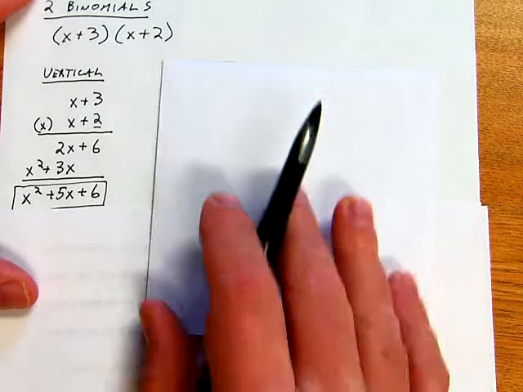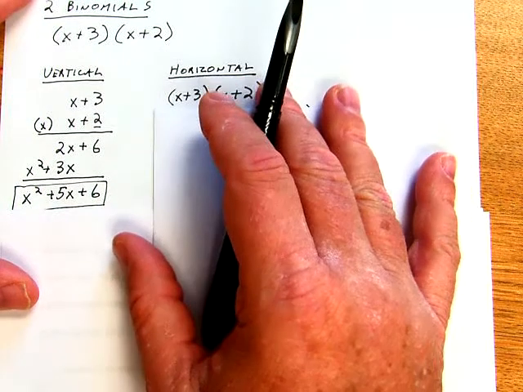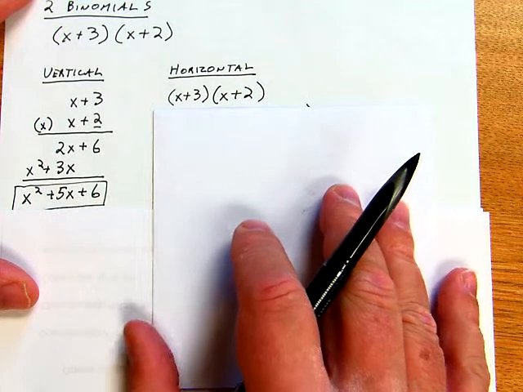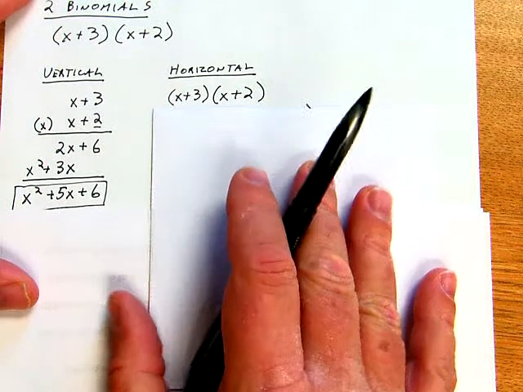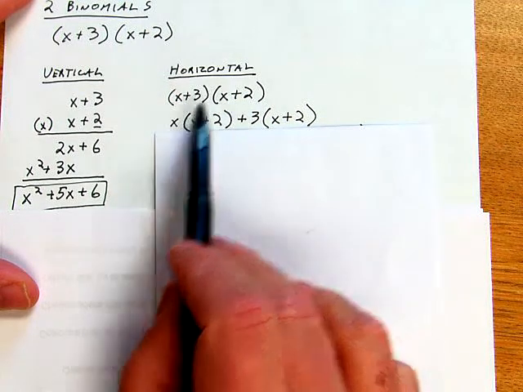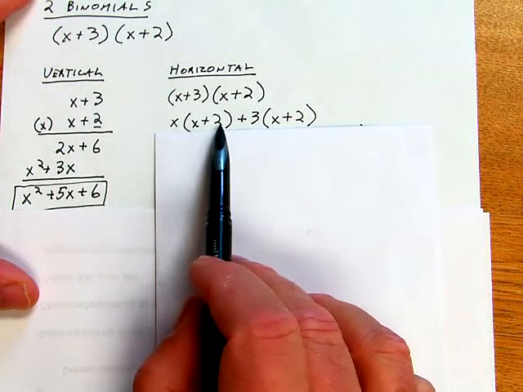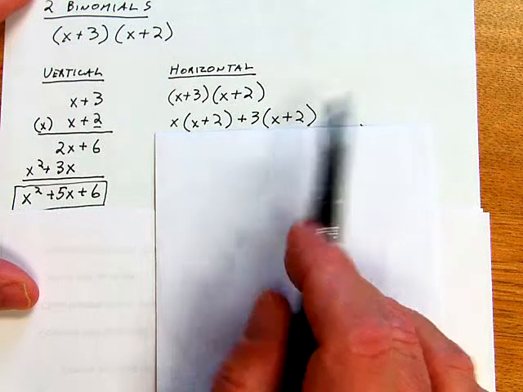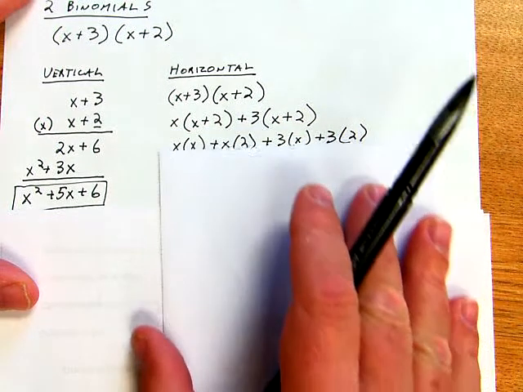Now let's take a look at the horizontal method of doing that. In the horizontal method, you start from your original two binomials, and then you take each term of the first binomial and multiply it times the whole second binomial. So x times x plus 2, plus 3 times x plus 2. You then carry that out, distributing each of those.